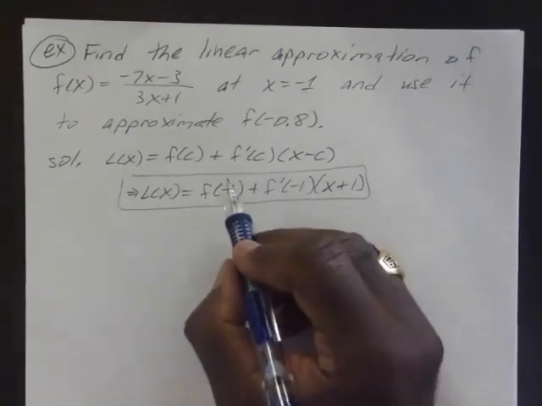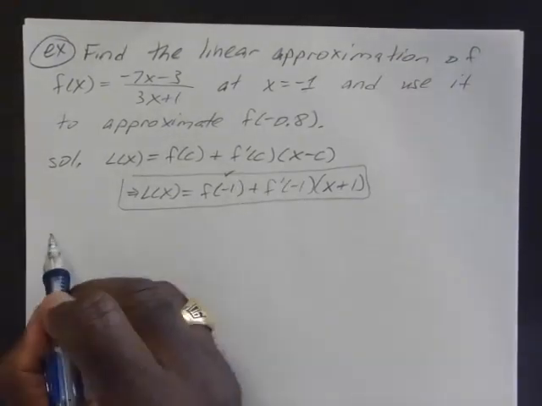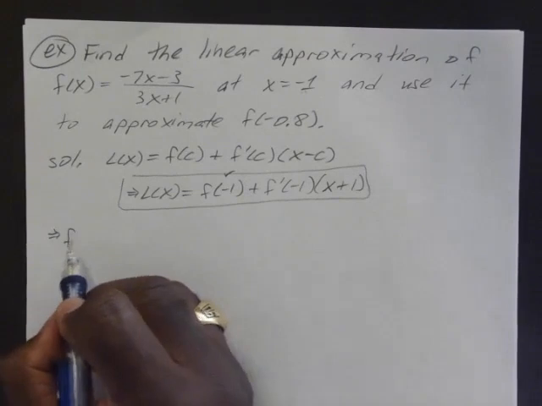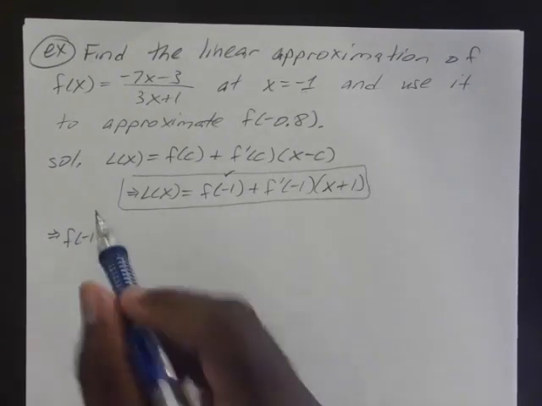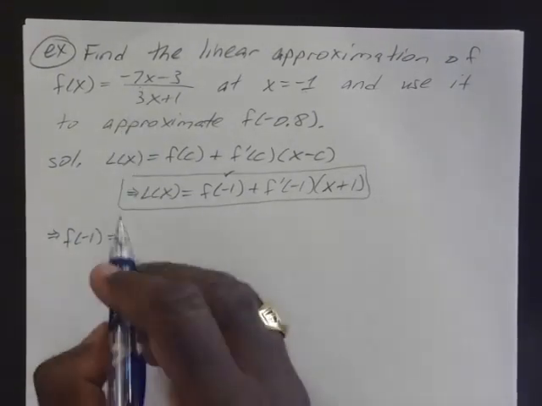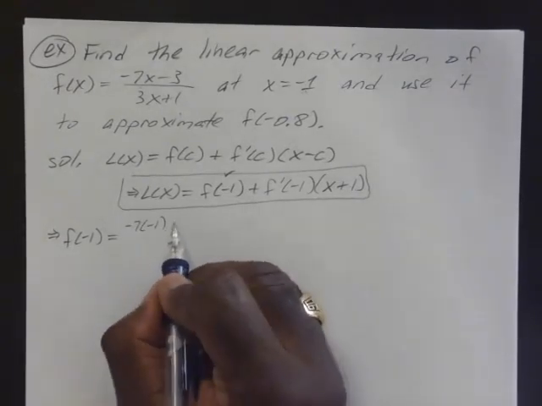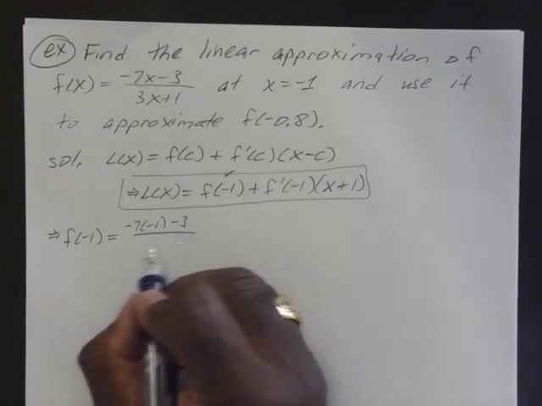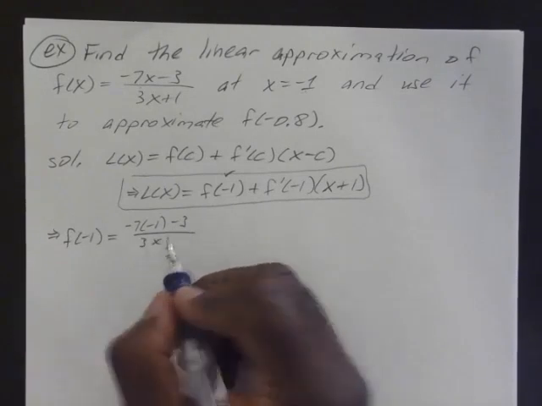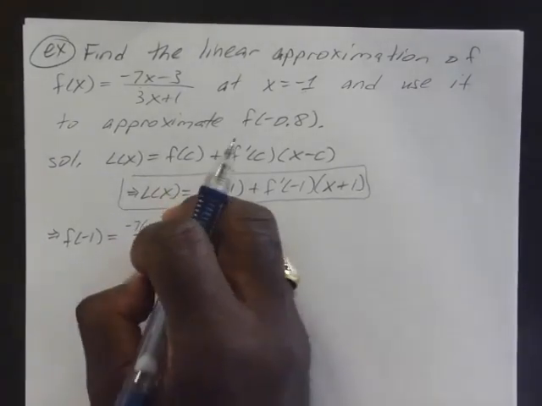Okay, once again, we just go right down the line. F of negative 1, we just plug in our negative 1. So negative 7 times negative 1 minus 3 all over 3 times negative 1 plus 1.